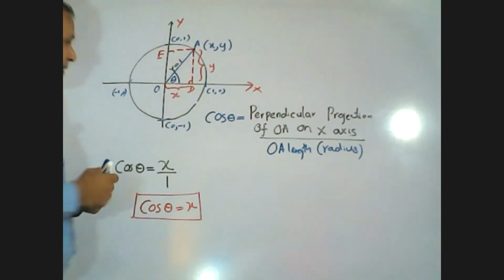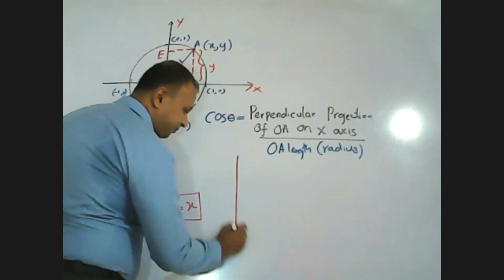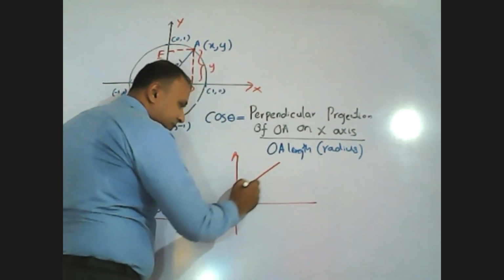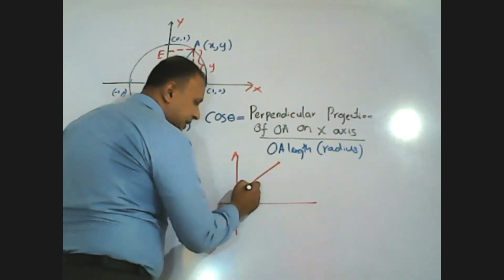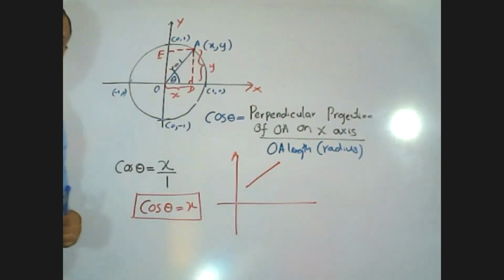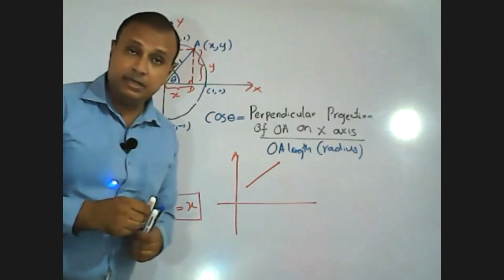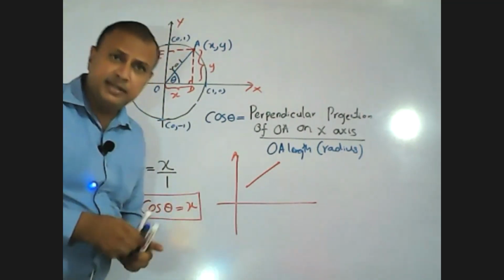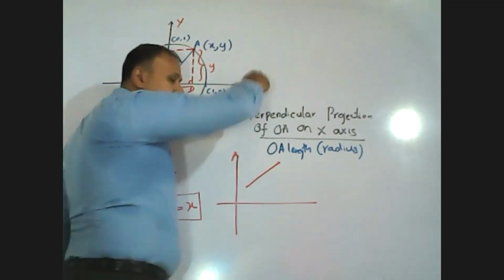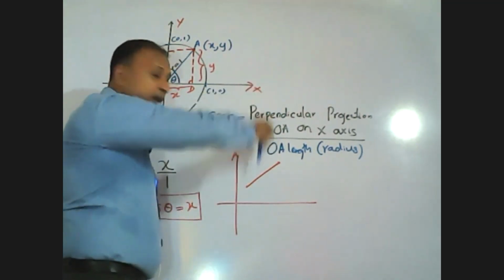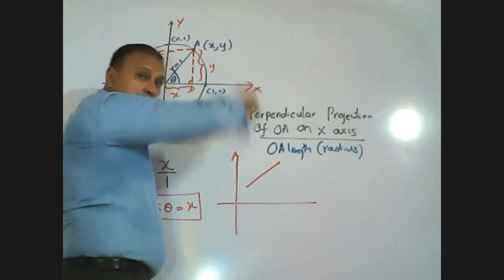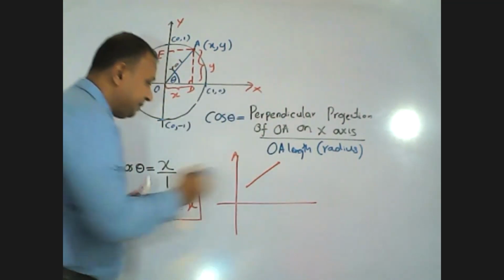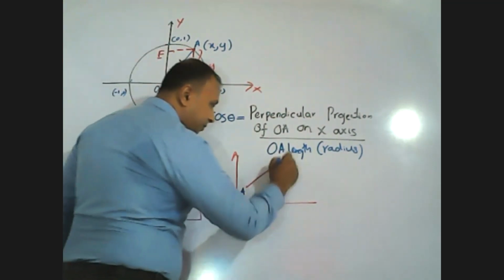How to define a perpendicular projection? Suppose this is a line segment AB.